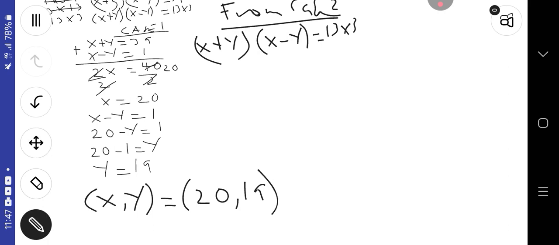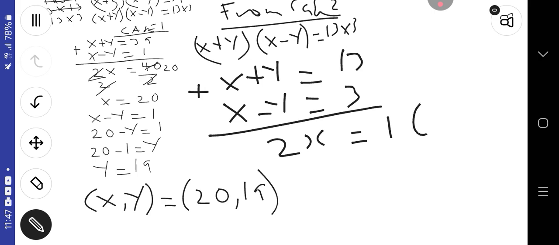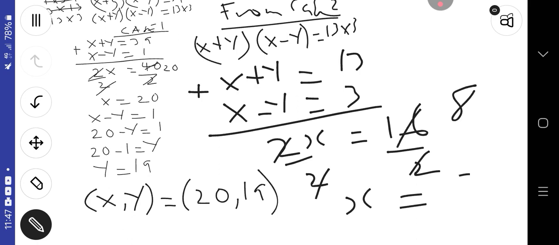So you're going to have x plus y is equal to 13, and x minus y is equal to 3. So let's add these two. When we add, we are going to have 2x is equal to 16. So we divide here by 2, here by 2. We have x is equal to 8.